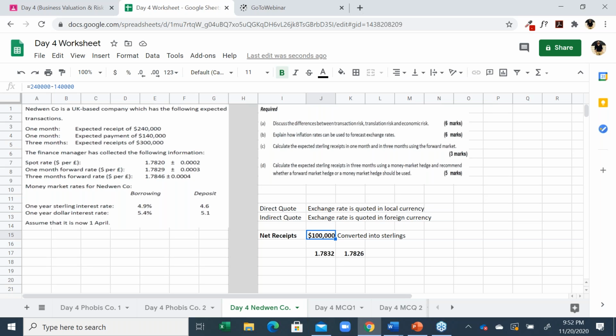Now, when we will be converting it into pound sterling, basically we will be giving these $100,000 to the bank, and against these $100,000 we will be getting the local currency, that is pound sterling. But we have got two rates, this one and this one. Which one are we going to use?